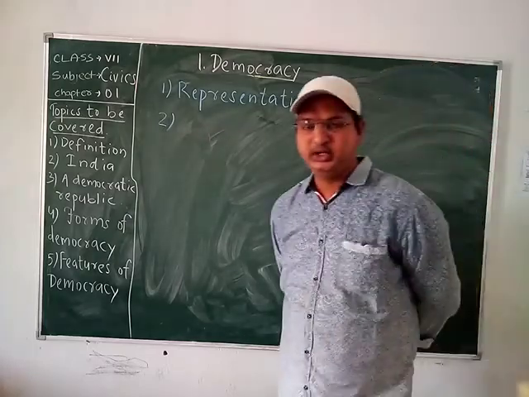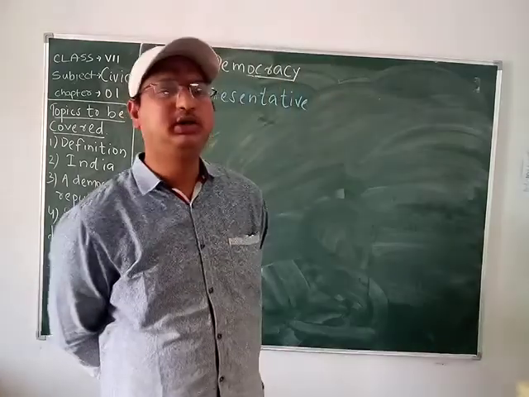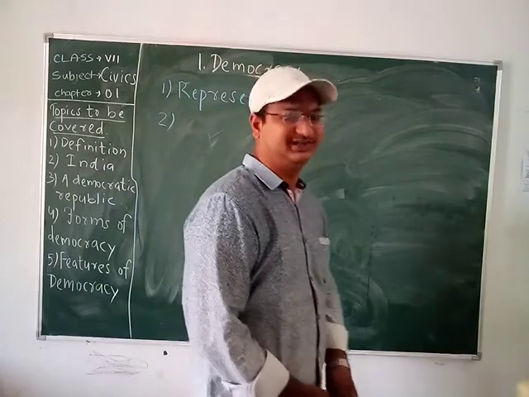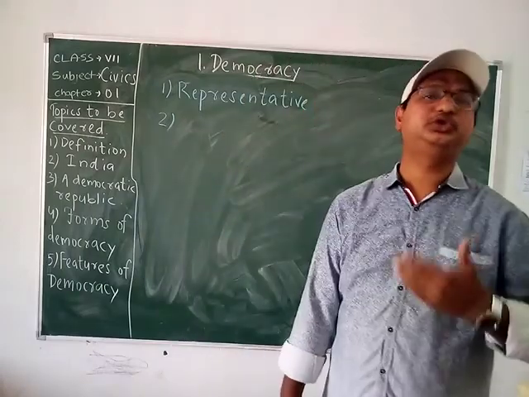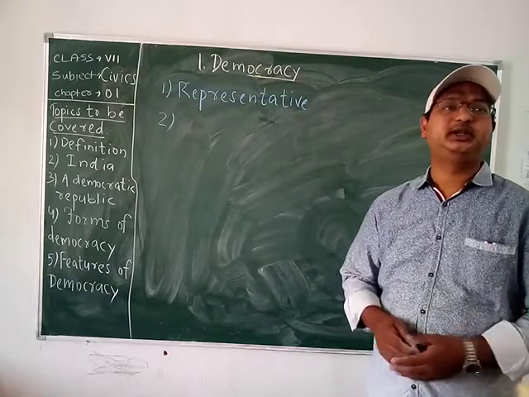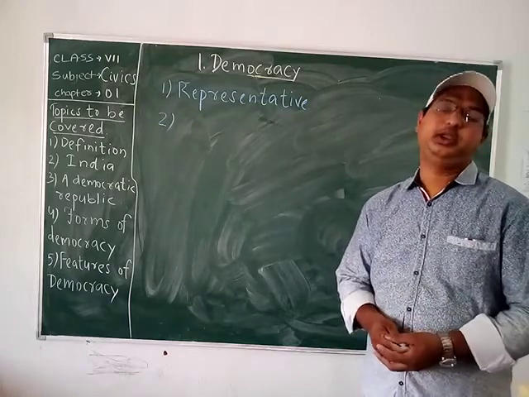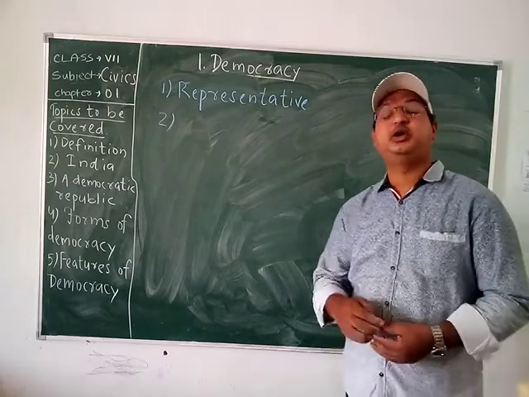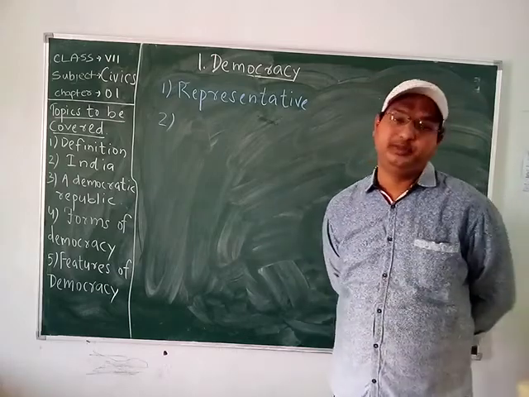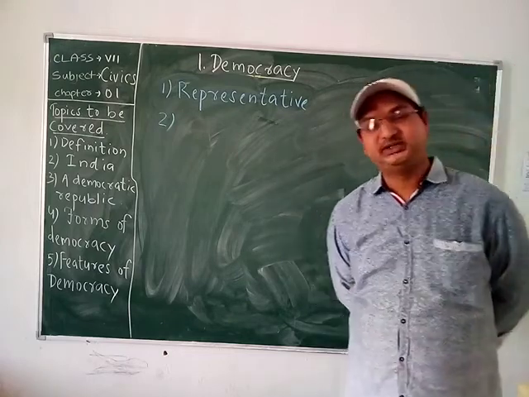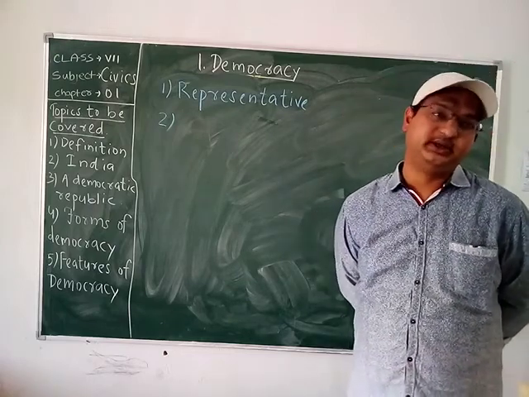Friends, all the elected representatives are elected by a process called elections. We send the candidates with the majority of votes. The candidate who wins the vote is called the winner, and he or she becomes the MLA or the MP, and represents us in the state or center.